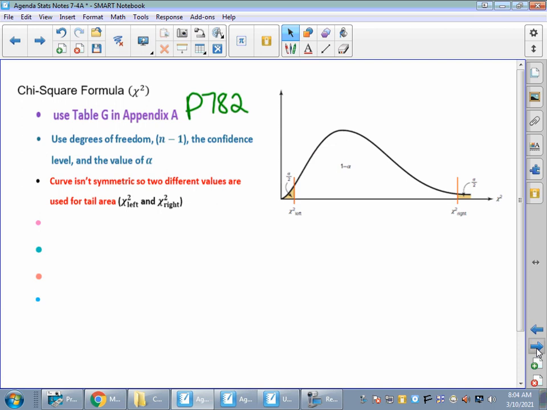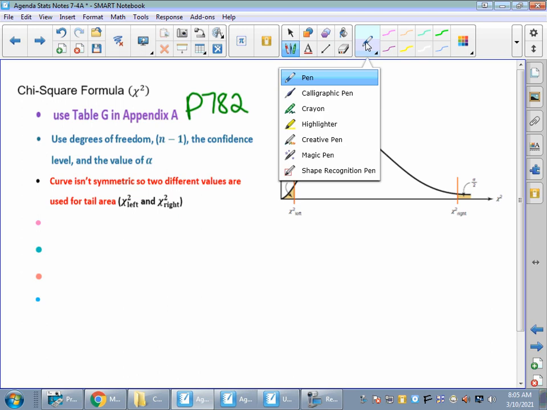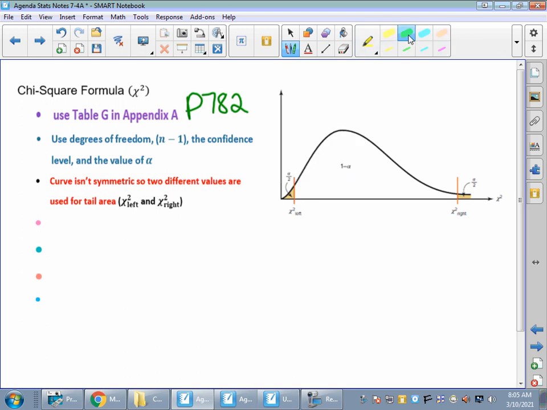The curve is not symmetric. This is our huge difference with chi-square values. So we actually have to find two different values, our chi-squared left and our chi-squared right. It's not equal, just like it's not a symmetric curve. So for our t's or for our z values, we could just do plus and minus the margin of error and use that critical value.